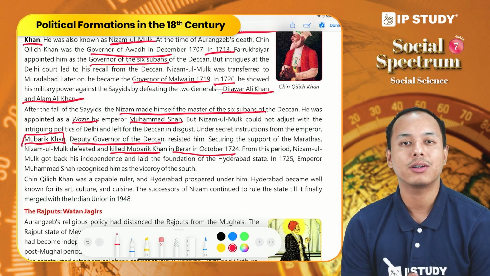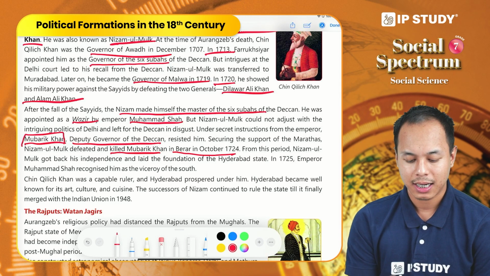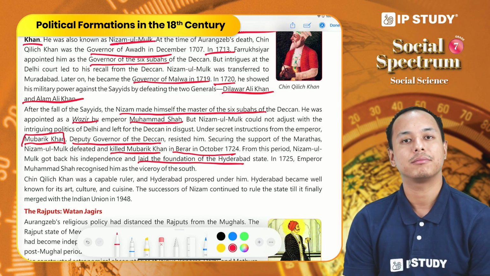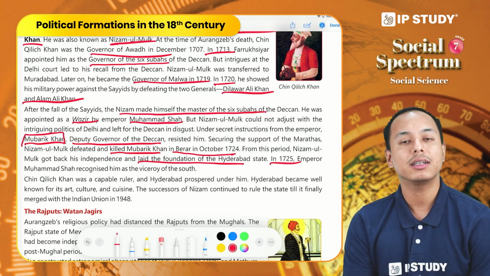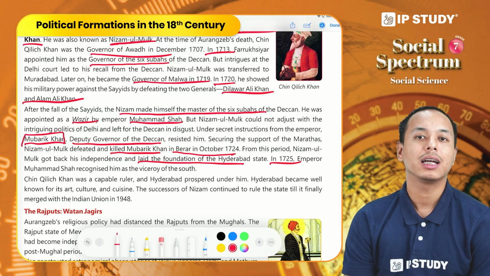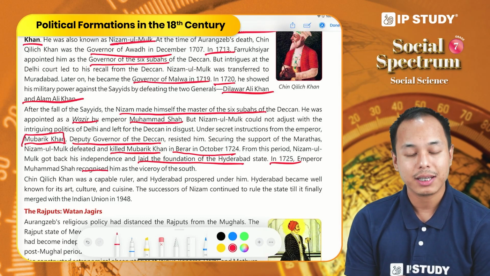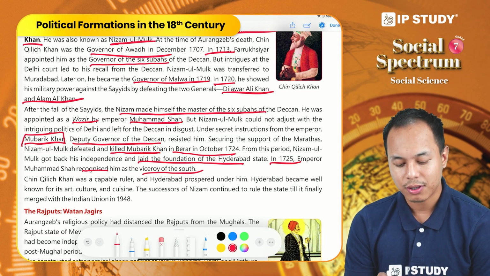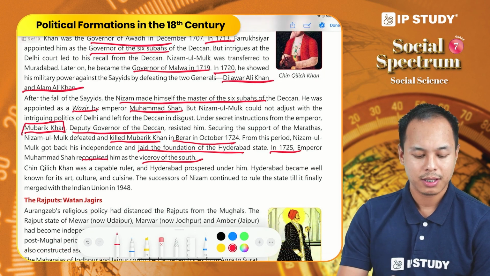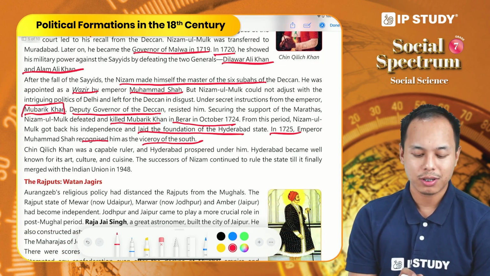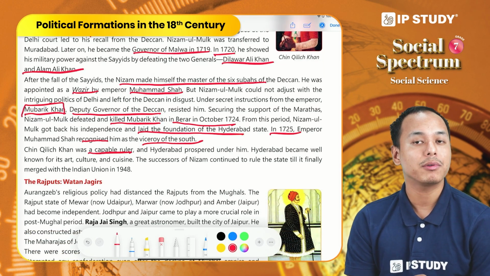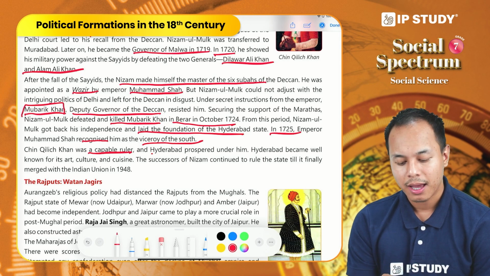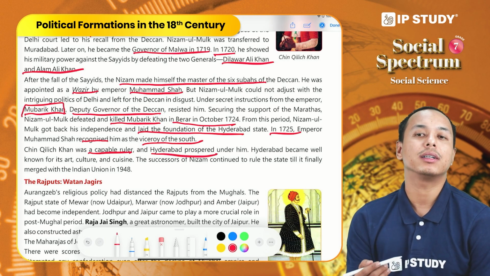Thus, from this point onward, he became independent and laid the foundation of Hyderabad state. A year later, in 1725, Emperor Muhammad Shah recognized him as the Viceroy of the South. Thus, Chin Khalid Khan, or Nizam-ul-Mulk, was a very capable ruler, and Hyderabad prospered under him.